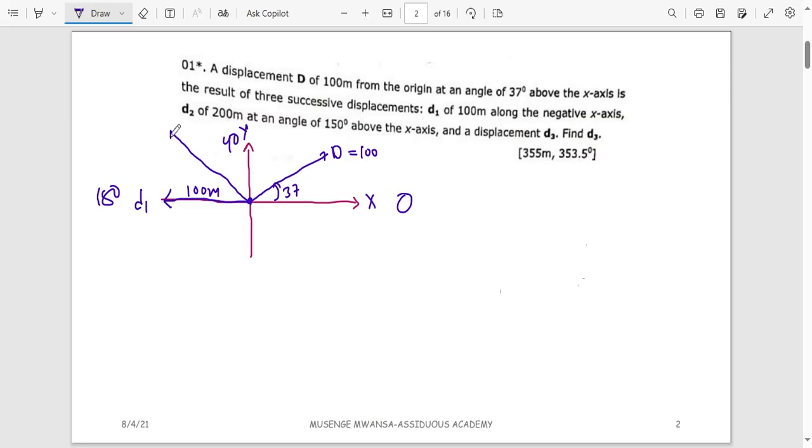You just want to show in which quadrant the vector is going to be. You're not interested in the exact angle. Please, this is not construction in mathematics. So this is vector D2, and this displacement is 200. And the angle from here up to here is 150.